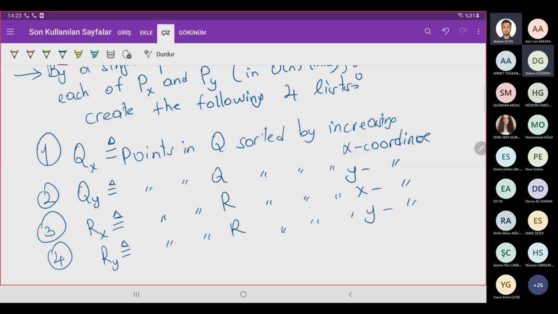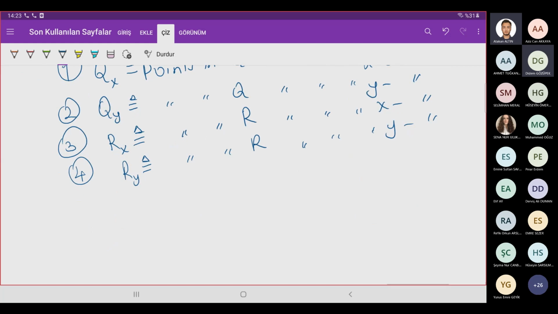We are given the regions Q and R, and we can create 4 different lists. Qx is for the region Q sorted by x coordinates, and then similarly for y coordinates, and for the region R likewise. So for each entry, we record its position in both lists that it belongs to. One point is in either region R or region Q. If it's region Q, we keep track of its position in both Qx and Qy.